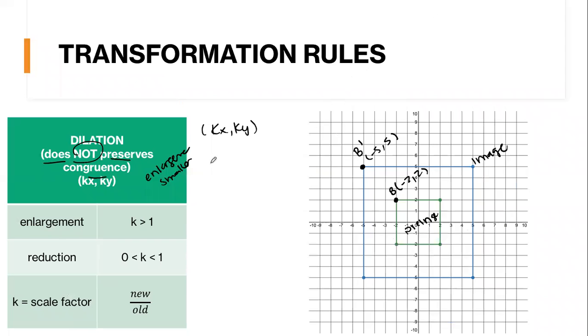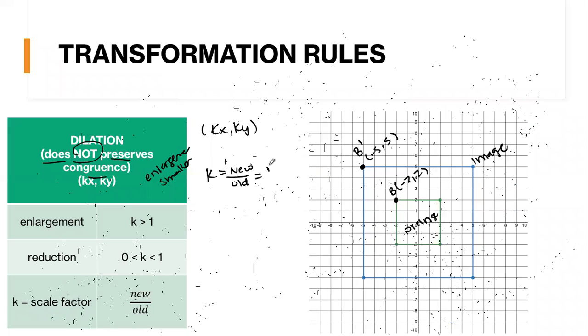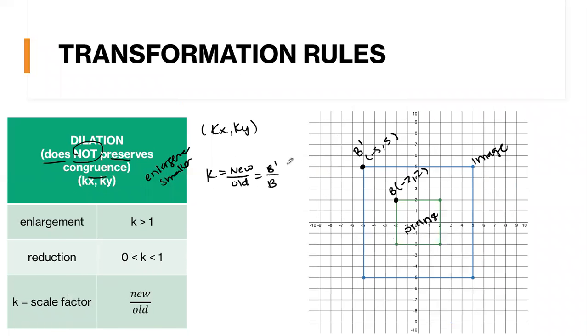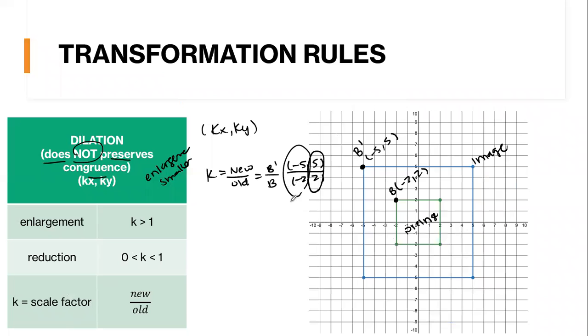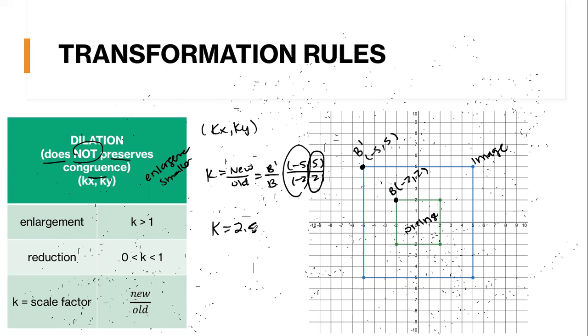So to figure out my scale factor, new over old, I'm going to take b prime over b. Negative 5, 5 over negative 2, 2. Well, it doesn't matter if I divide the x's or the y's here. It's going to give me the same answer. Should always give you the same answer. Negative 5 divided by negative 2, or 5 divided by 2, is 2.5. So my k value is 2.5.